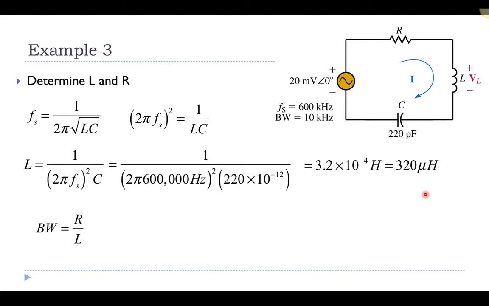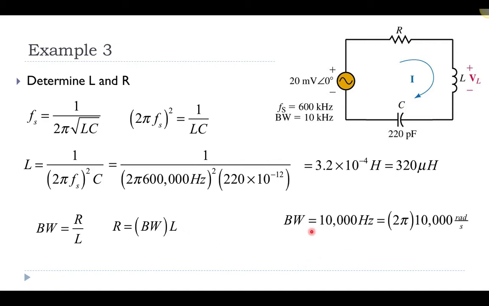I also know the bandwidth, and my bandwidth is just the resistance over the inductance. This is my bandwidth in radians per second, so I do have to be careful here. If I want to solve for my resistance, I can take the bandwidth and multiply by the inductance. In this equation the bandwidth is in radians per second, so I have to convert from hertz.